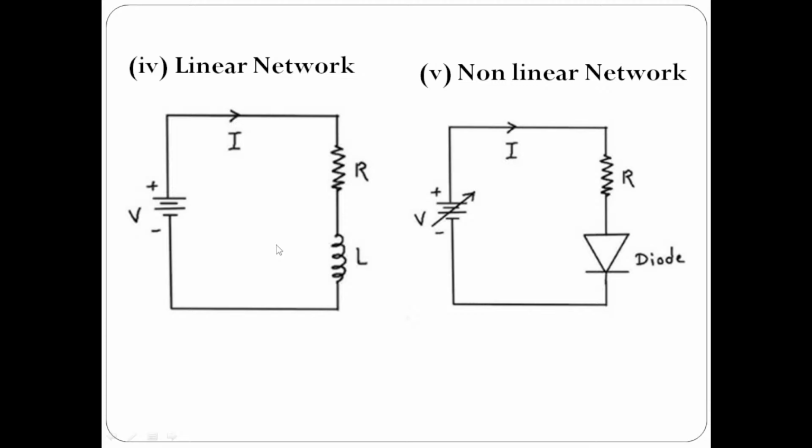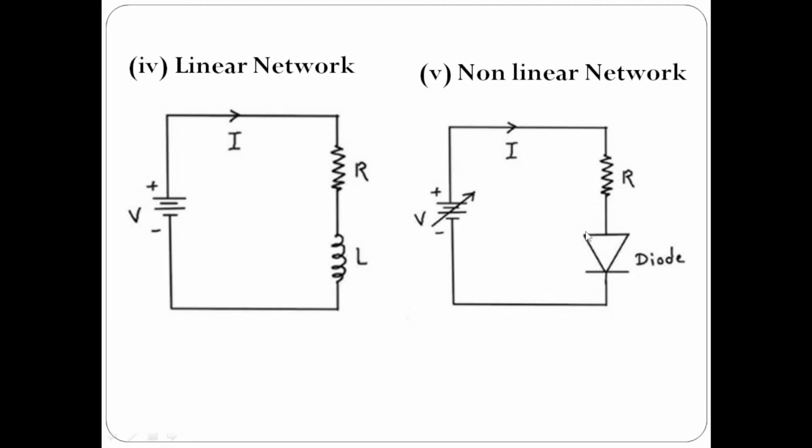And in non-linear networks, of course there is a resistor here, but there is a diode here. It resembles the linear network, but there is a diode. As time changes, temperature changes or voltage changes, the diode value will also change, so the values in the circuit will change depending on the change in time, temperature or voltage.